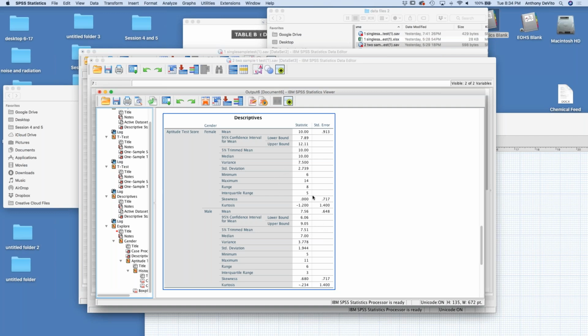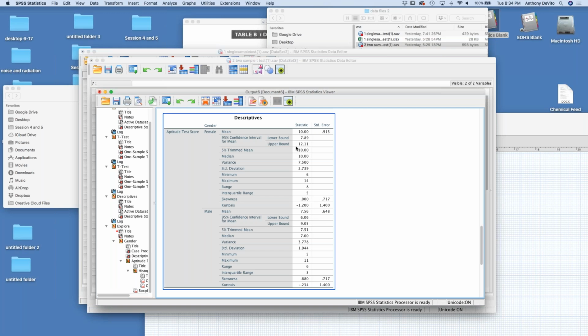If I were doing this manually using Excel, I would use the formulas, and you have the formula sheet from that particular evening's work, the formula sheet for equal variances as opposed to unequal variances. On the other hand, if this had been 4.7 and this was 1.9, I would use the formulas for unequal variances. But SPSS is going to work this out for us.